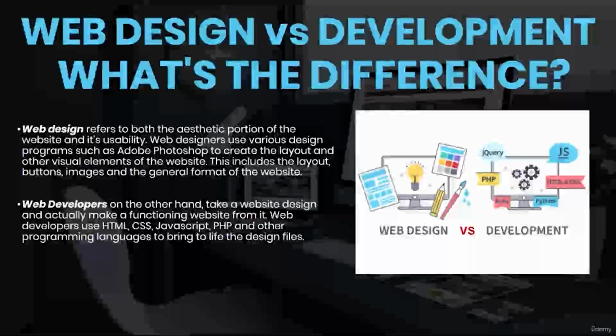Because in order to have a fully functioning website, it needs to take certain actions. When you press a certain button or click on a certain page or link, it needs to go to different pages. And in order for it to function properly, the developer needs to do their thing behind the scenes. That's the code that is being written for the website to actually look how it looks.